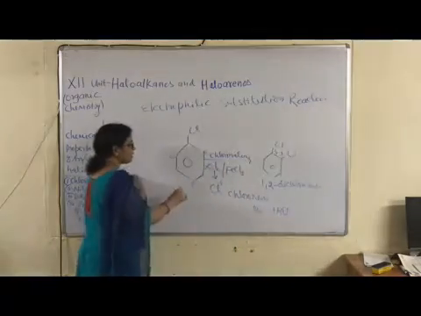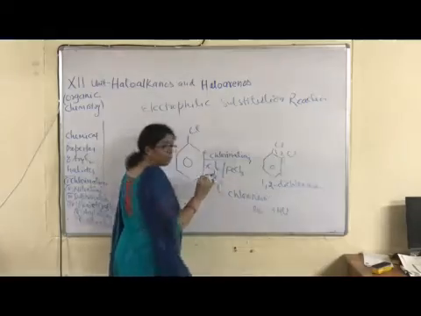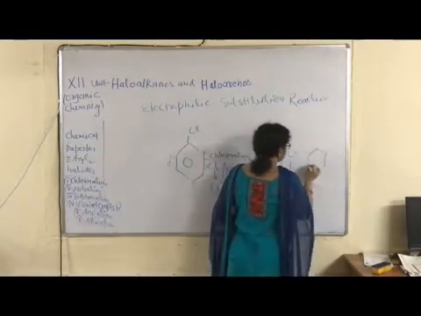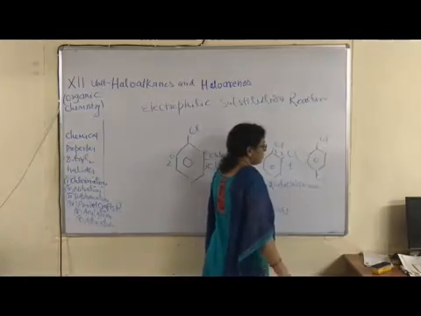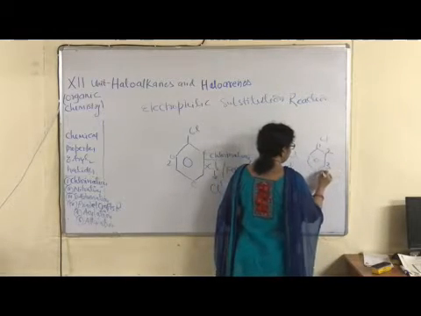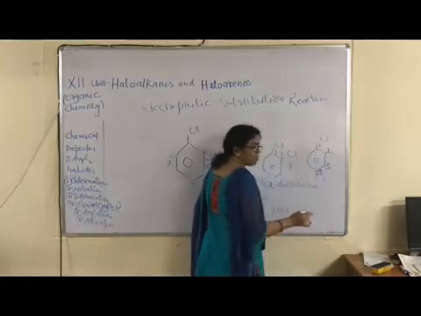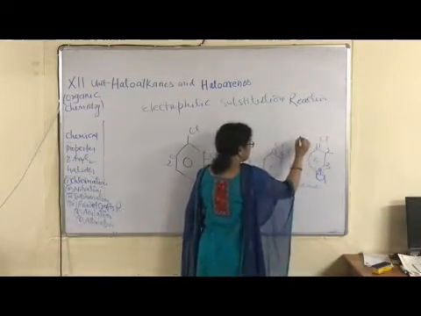If 2 moles are taken, then what happens? Formation of the second isomer also, which is the para isomer. Right? The common name is para dichlorobenzene and the IUPAC name is 1,4. The same position is occupied by this halogen, so this isomer is more stable.